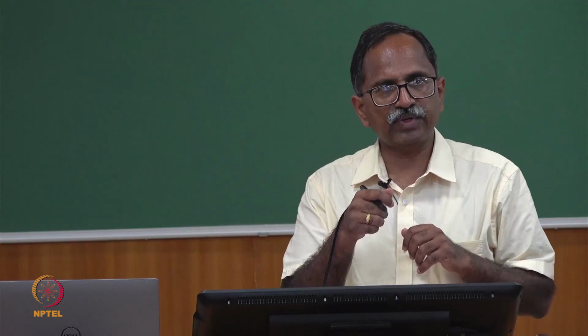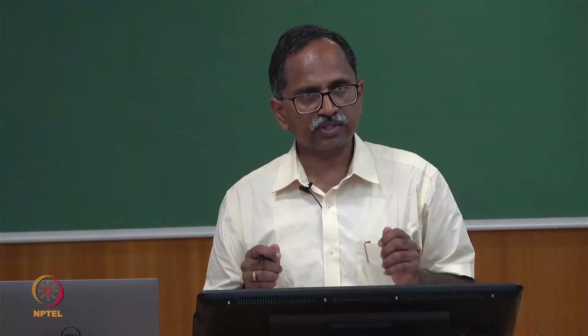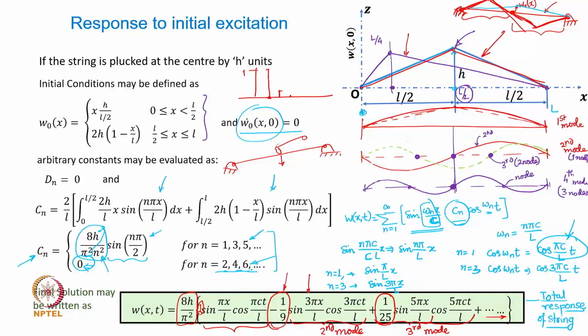Okay, and then basically the location at which you hit it will decide which particular modes of vibration are going to get excited. So depending upon what pitch the player wants to generate, he strikes at an appropriate location on the stretched string. That's another way of looking at the response to initial excitation of a stretched string.